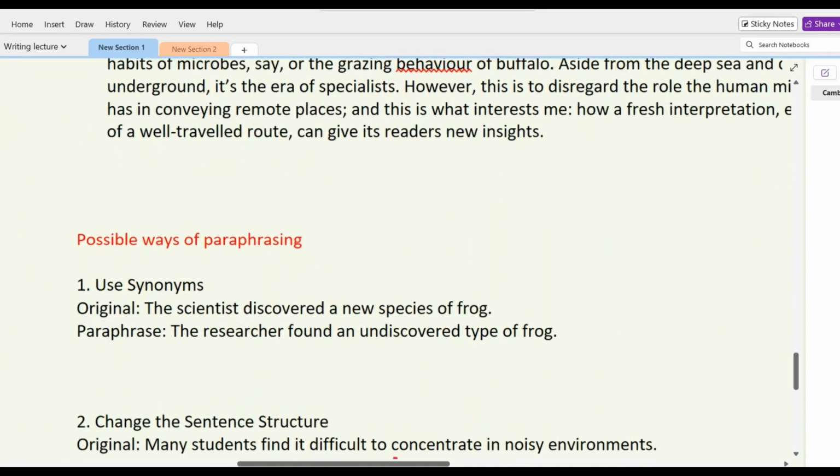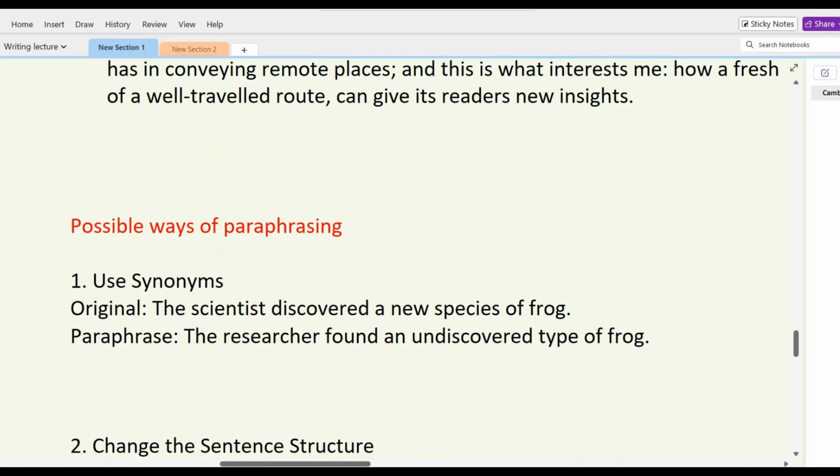So we can think about the possible ways of paraphrasing. The first way to paraphrase is using synonyms. Here we see the original: the scientists discovered a new species of frog. It's being paraphrased: researcher found an undiscovered type of frog.